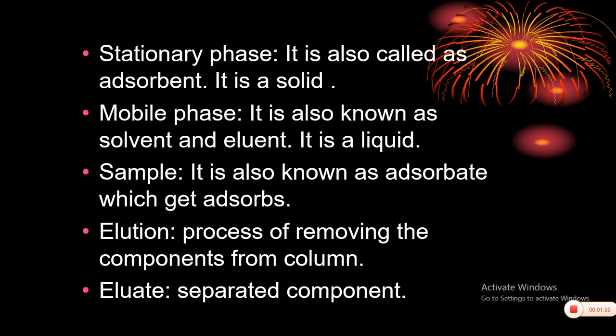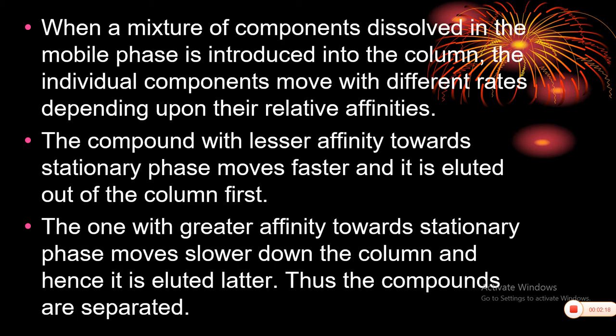Next is the step of elution. Elution is the process of removing the components from the column which are selectively adsorbed. By the process of elution, the desorption process, that is the removal process, takes place. And eluate are the separated compounds or components from the mixture.